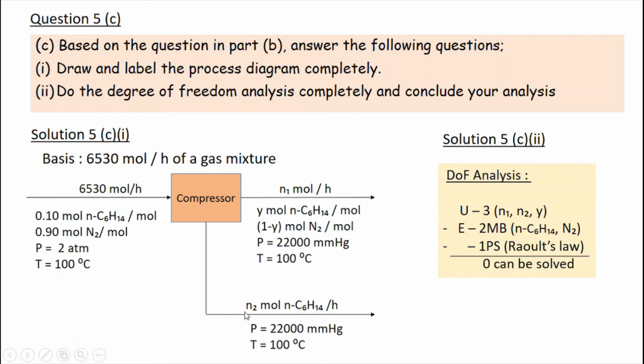The bottom stream is the molar flow rate of N-hexane condensed to liquid, with unknown N2. For the DOF analysis, there are three unknowns, N1, N2, and Y, and two material balances, N-hexane and nitrogen, and one process spec, Raoult's law. So 3 minus 2 minus 1 equals 0, and the problem can be solved.